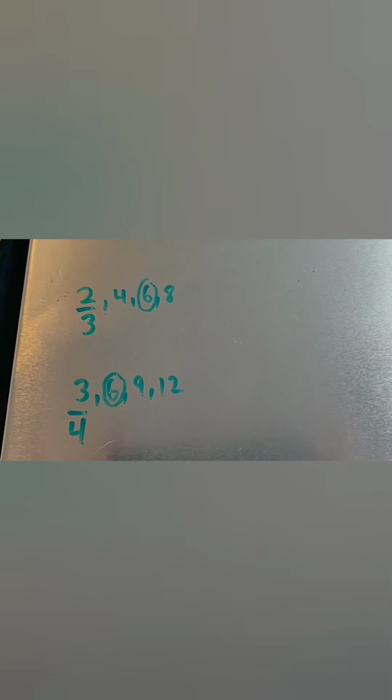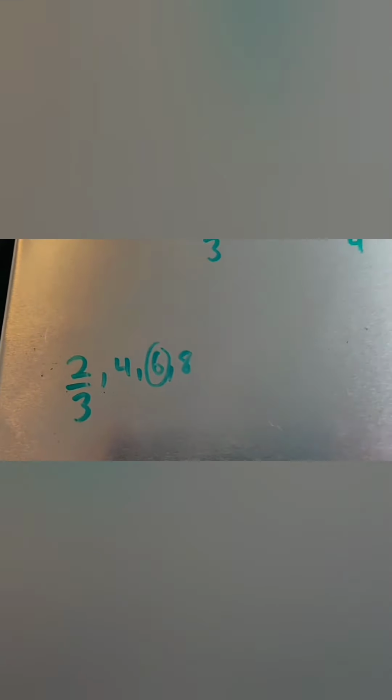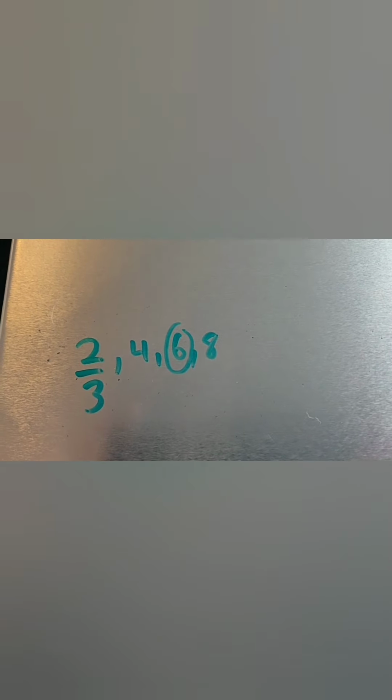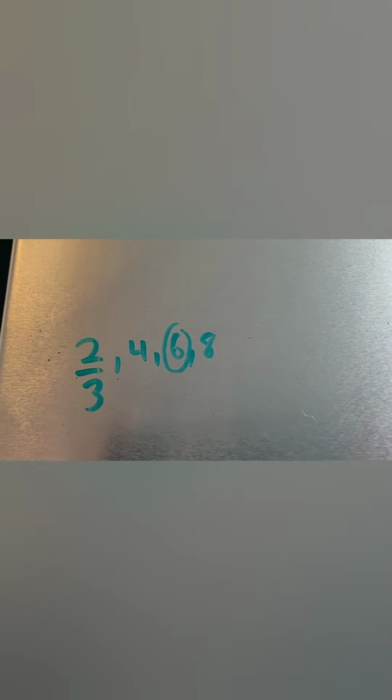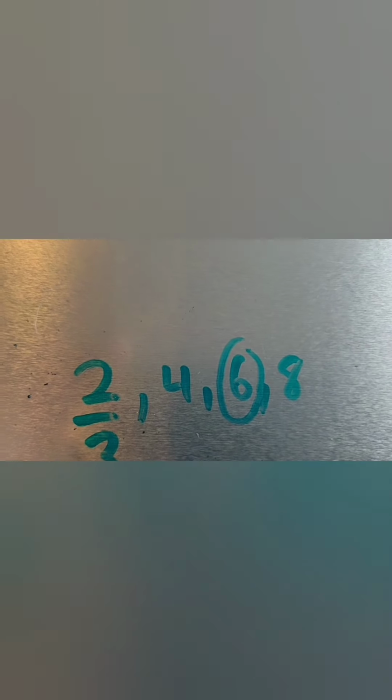And one thing to remember is that when you're skip counting, you're really multiplying. When I skip counted for 2/3, 2, 4, 6, 8, well, 2 times 1 is 2, 2 times 2 is 4, 2 times 3 is 6, 2 times 4 is 8. So since 6 is the common numerator, that's times 3.